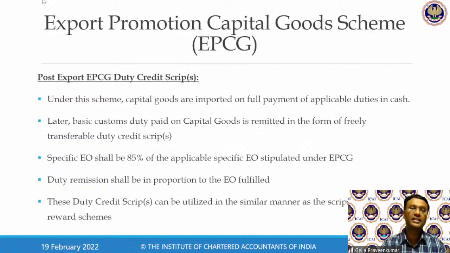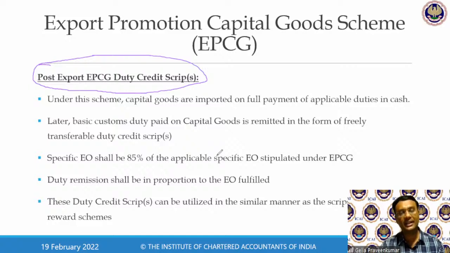Now, there's a continuation to EPCG, something else called the post-export EPCG scrip. Now, this is again a duty transferable scrip. It is a mechanism where, sir, I didn't know that there is an EPCG benefit, and I have imported a machinery with payment of duty.